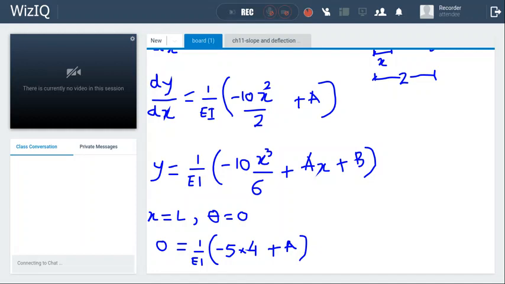This EI multiplied here will be 0. So A is equal to 20.